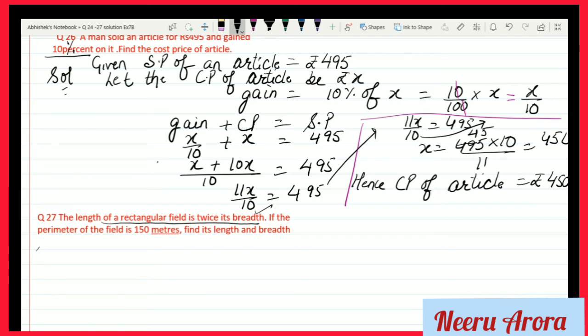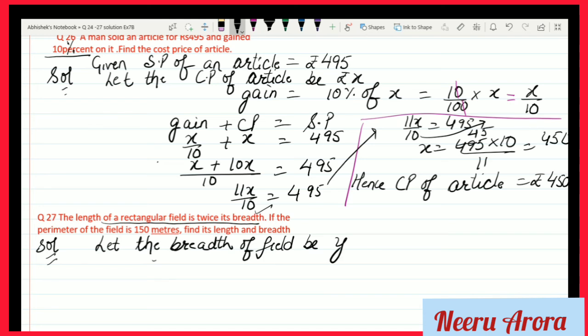So we will first suppose. The next is: if the perimeter of the field is 150 meter, find its length and breadth. So in this sum, first we suppose let the breadth of the field be y.